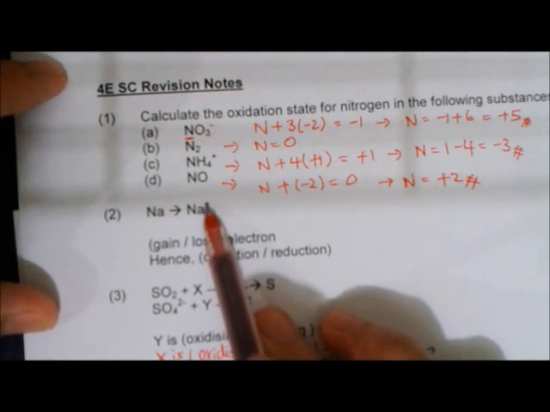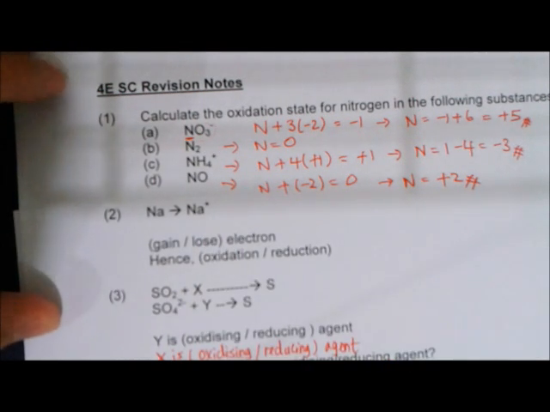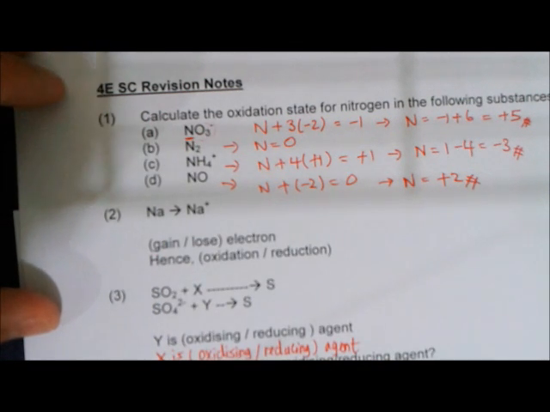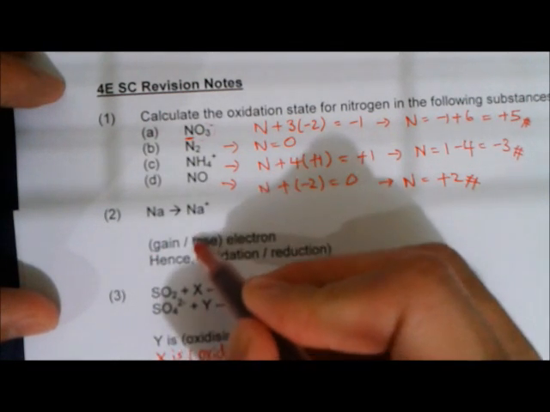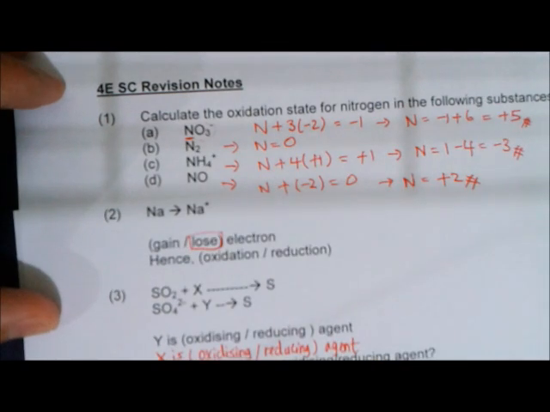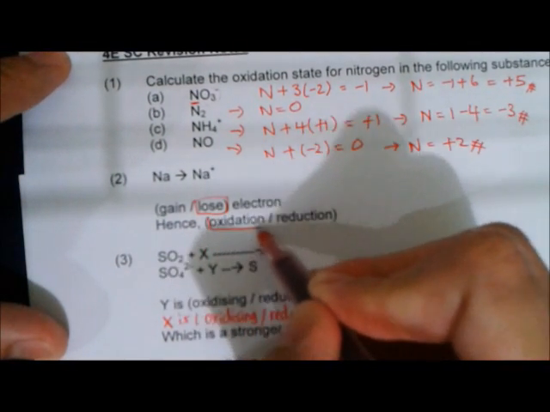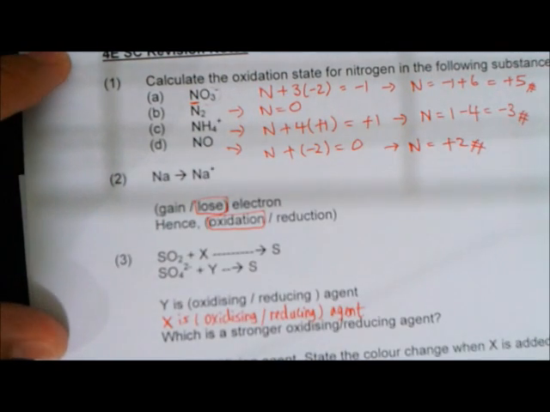For sodium ion, the charge is positive, meaning that proton is 1 more than the number of electron. So in order for sodium atom to become sodium ion, it must lose an electron, and loss of electron by definition is oxidation.